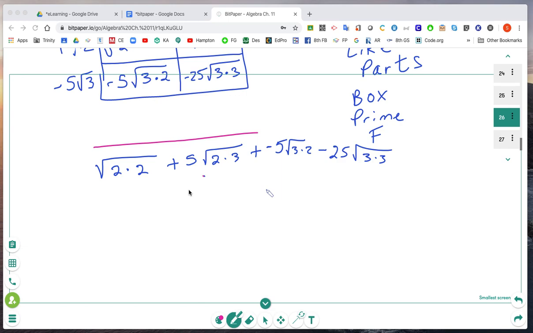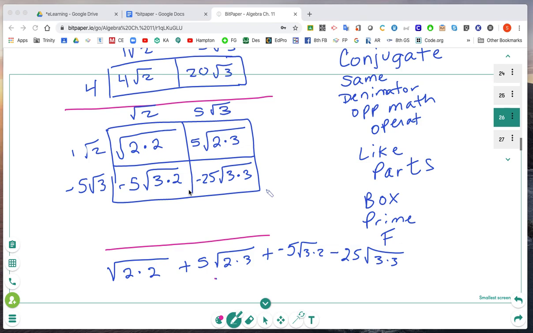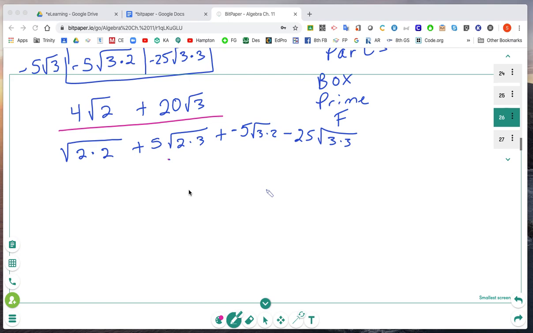Okay, so let me rewrite the numerator that's not showing up for you so that you can see it. The numerator is 4 square roots of 2 plus 20 square roots of 3. Okay, so now we can see it. So now we're going to go fish.